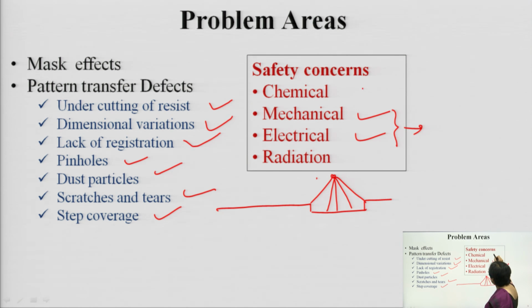As far as the X-ray beam and all the methods are concerned, the chemicals used in dissolving or developing the particular pattern involve different agents. You need to handle those agents, and after use you need to carefully discard them. That is again an environmental hazard, and you have to ensure that you take care of that.